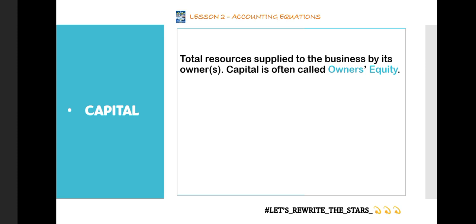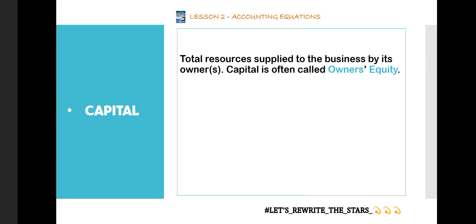So the land was purchased by the owner. The very moment the land is now a business land, it is called capital. Are you getting it? It is a capital which was raised by the owner. But then in the business, it is known as an asset. So the land is what? A capital raised by the owner.